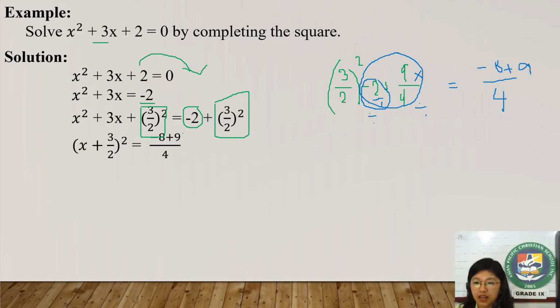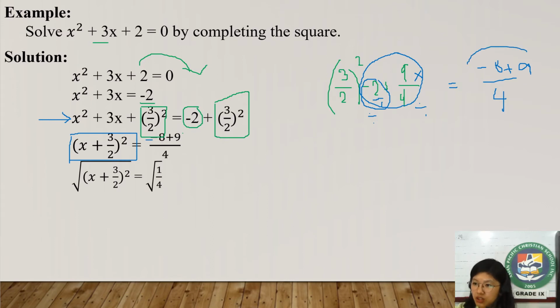Ayan. And next, since dito, ang factor ng x squared plus 3x plus 3 halves squared is ito. So, kapag sinolve kasi natin yan, ang makukuha natin itong nasa line na to, using FOIL method ulit. And next, we have, ayan, kapag sinubtract natin, nawawala yung negative sign dito.